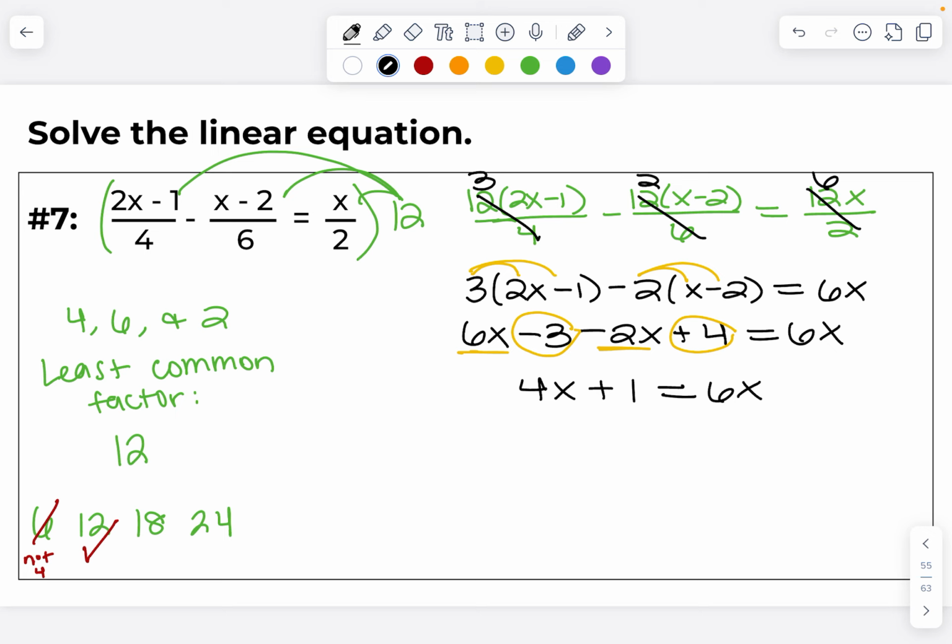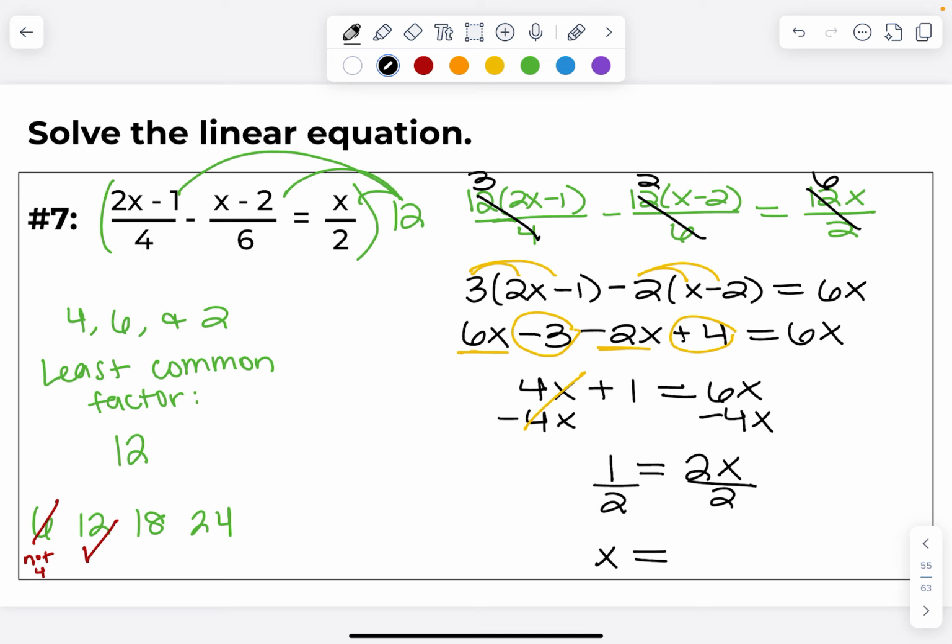So I'm going to leave that 1 there, and I'm going to move my x over to the other side, because I'm just thinking as few steps as possible, since I want to be efficient. So 6 minus 4 gives me 2x, and then I divide both sides by 2, so I get x equals 1/2 as my final answer. So that is number 7.